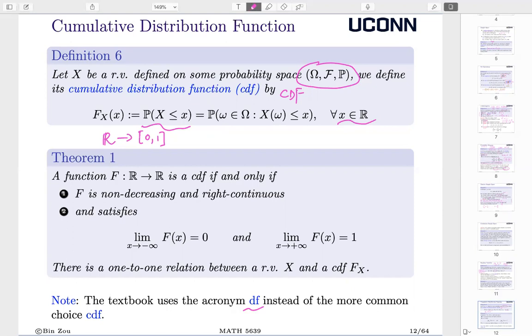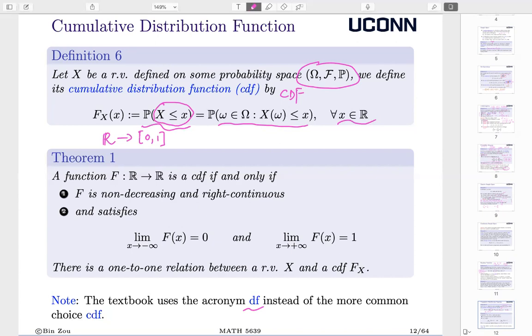What we care about is the final result. So we want the random variable to be less than or equal to some number. Here small x is a number. It's no longer omega. But of course, when we calculate the probability, we need to go back to figure out what omegas will make this X less than or equal to the given small x. So that's the definition of CDF.